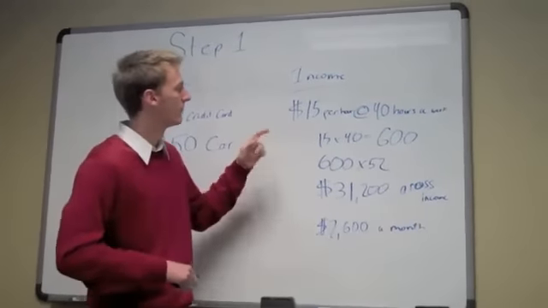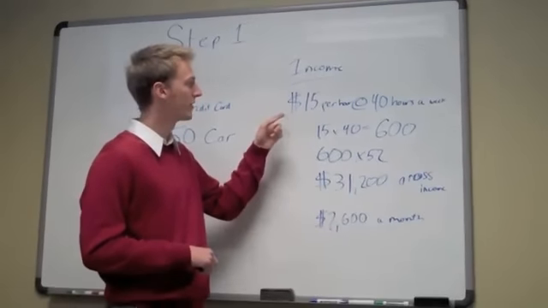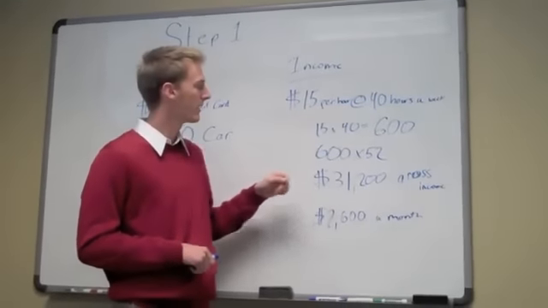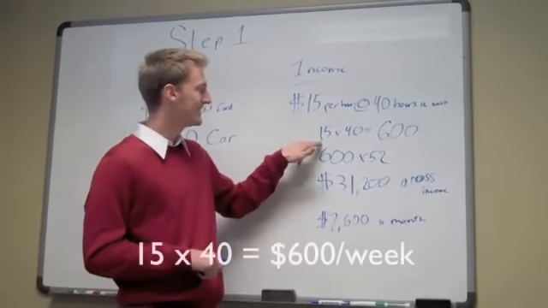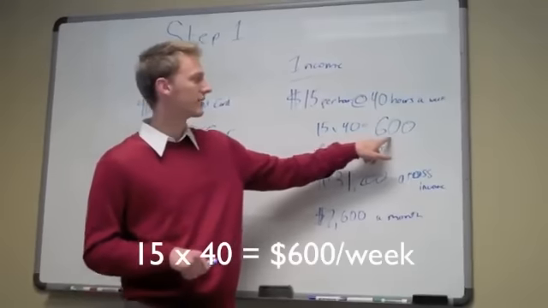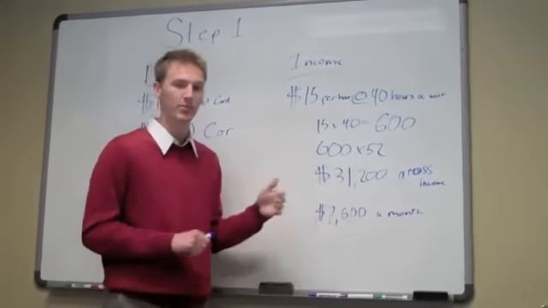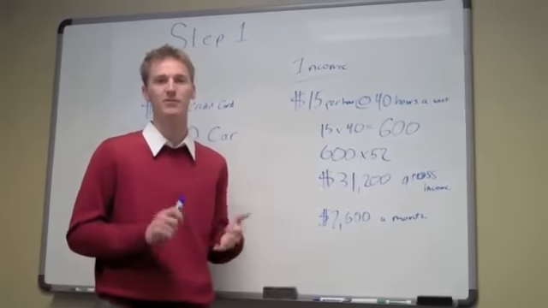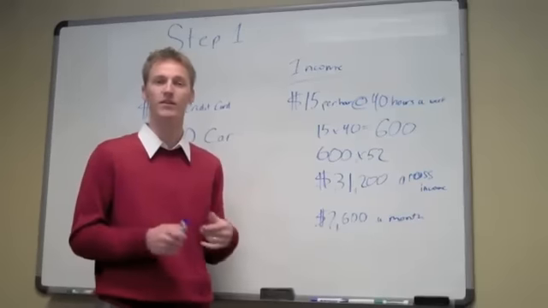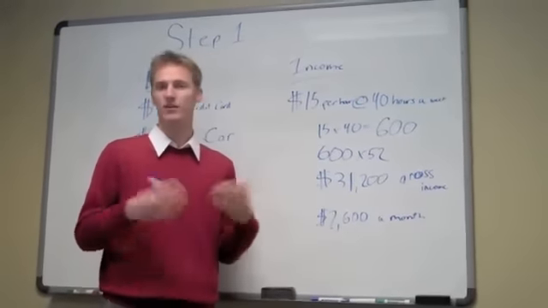Now your income. This particular person makes $15 per hour at 40 hours a week. So what we do is we take 15 times 40 to get us $600 per week is what they make. Now most people think $600 a week, times that by 4, get $2,400 a month, times that by 12, got our income.